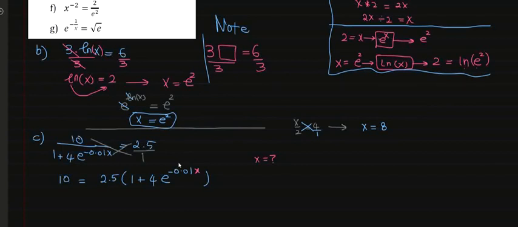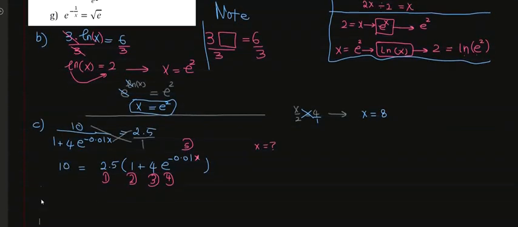Let's get rid of everything beside it. The first thing we will get rid of is the 2.5. And then we will divide by 4. And we will apply the ln to get rid of the e. And finally we will divide by the negative 0.1 because it will be dropped after we get rid of the e. Let's do this in detail.